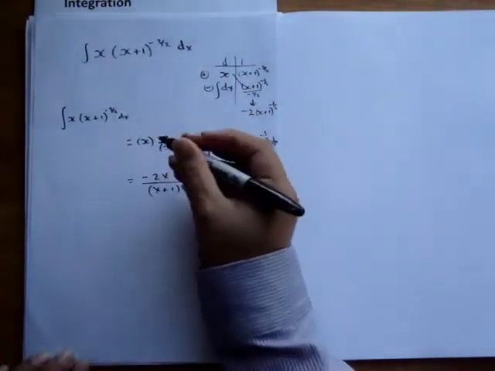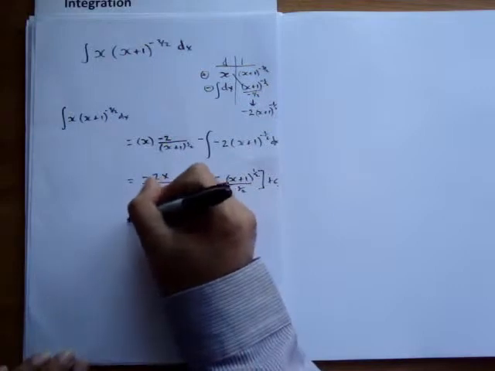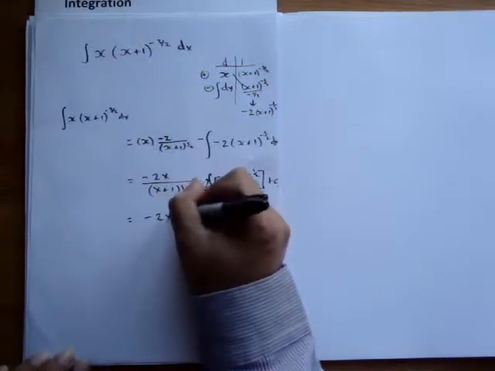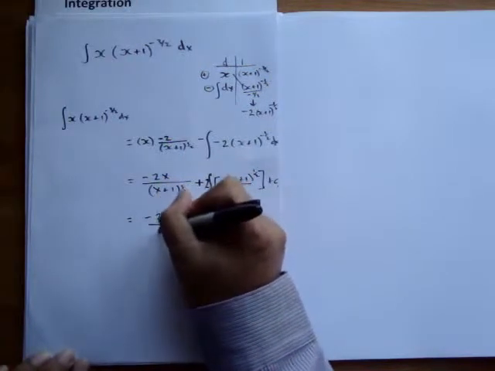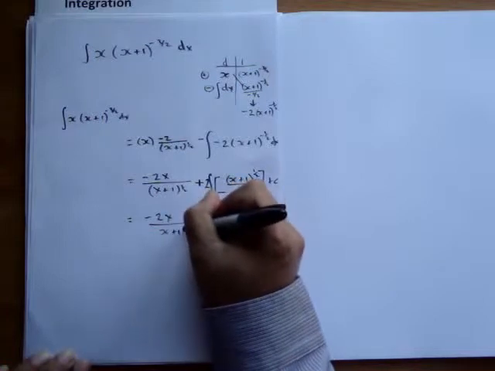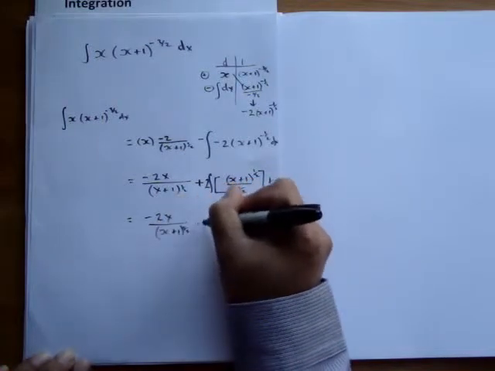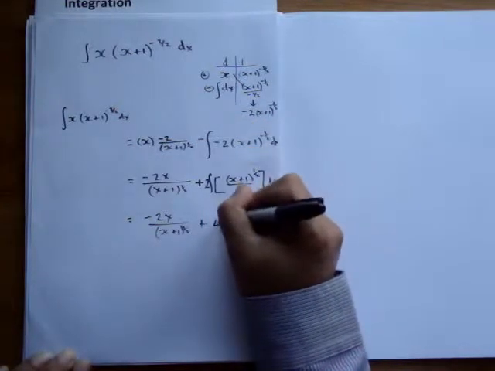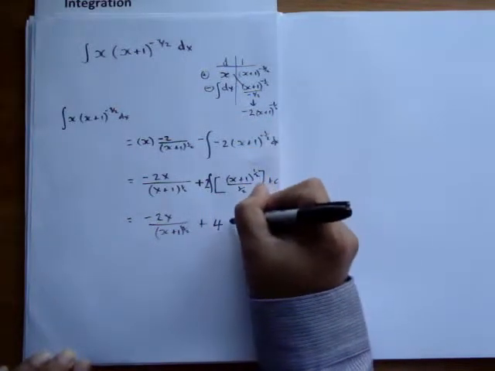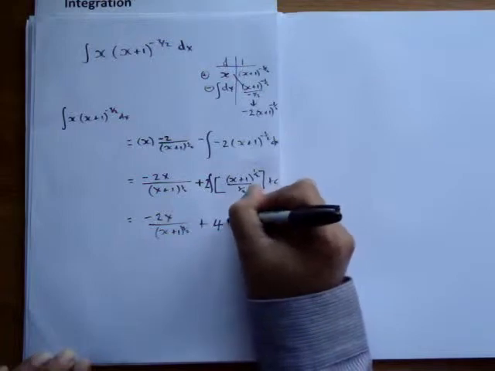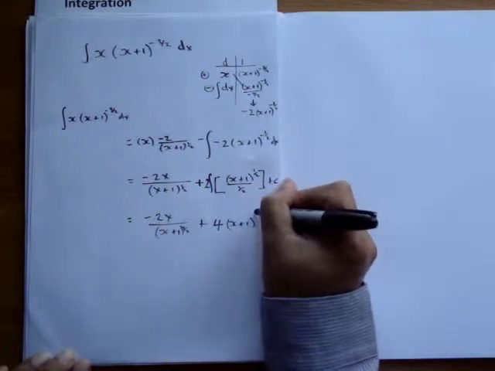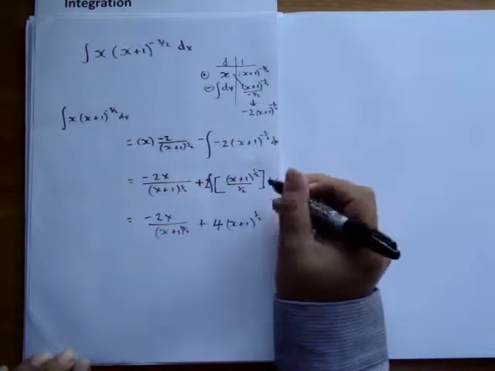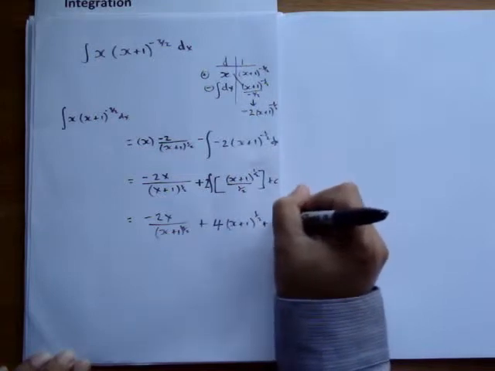When we do the integration, this becomes minus 2x over (x plus 1) to the half, plus 4 (x plus 1) to the half, plus c.